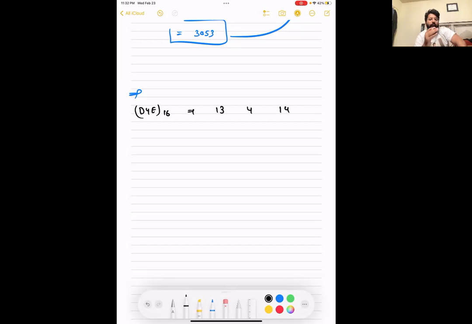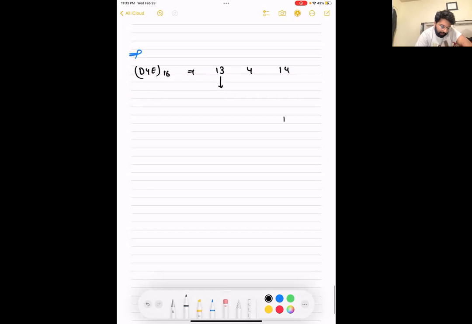So instead of converting D4E to binary directly, which is a longer way to do it, we're going to write their appropriate values first. You can easily convert 13 to binary, right?